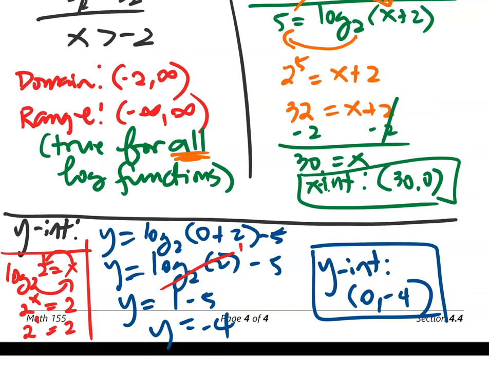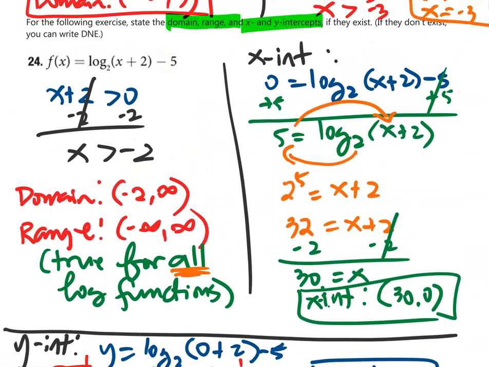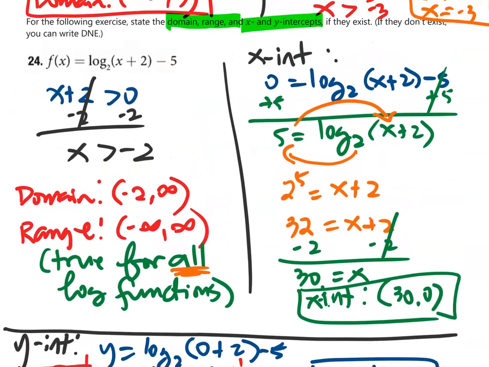Okay, so we get again the domain, set x plus 2 greater than 0, solve for x, that's negative 2, so that's negative 2 to infinity. The range for all log functions is always negative infinity to positive infinity, or all real numbers. Then x-intercept, that is when y is 0, solve for x.